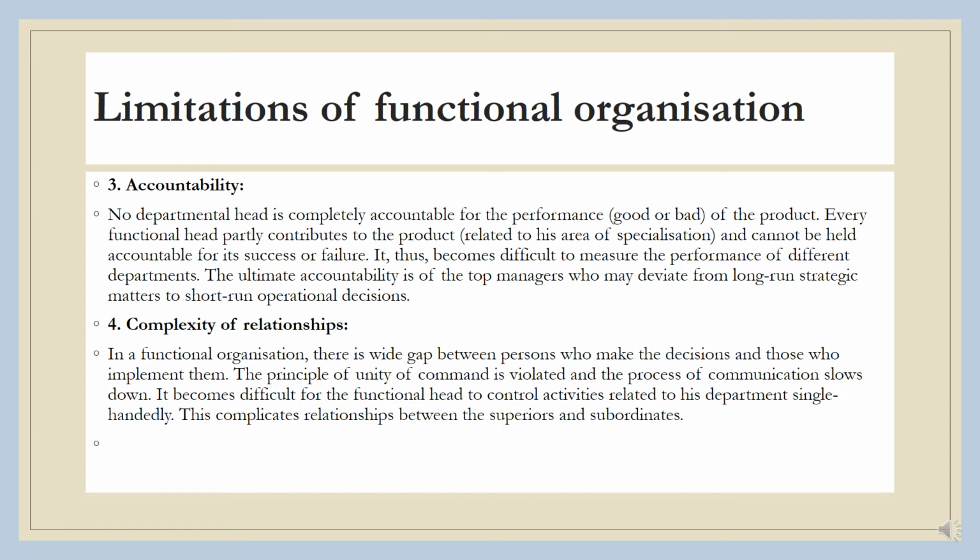Because others also have some say in his own department, like let us say the production department. Now the production department needs certain purchases and the finance department is responsible for it. There is a quality control department which is responsible for issuing a certificate to him about the quality.